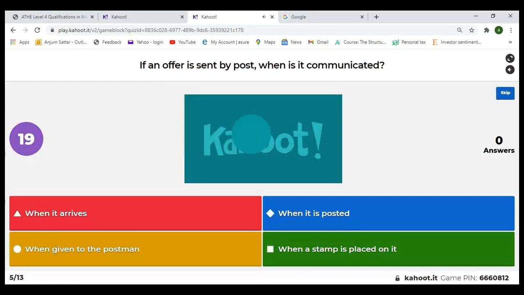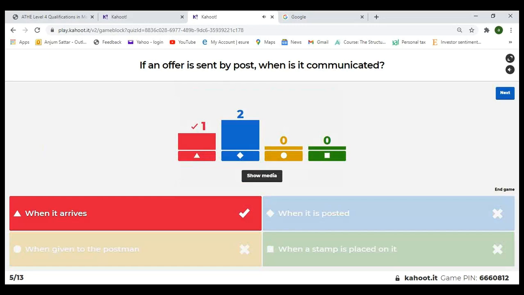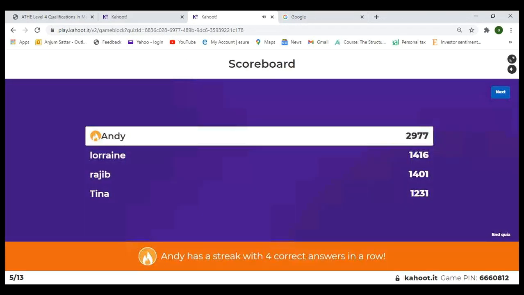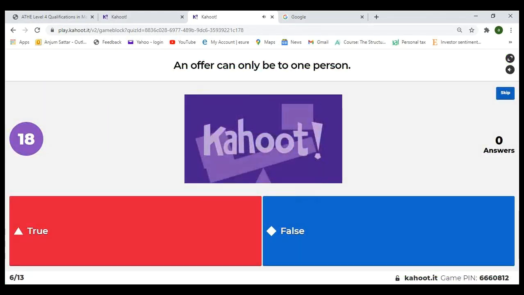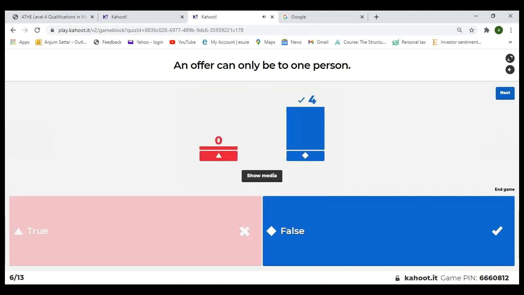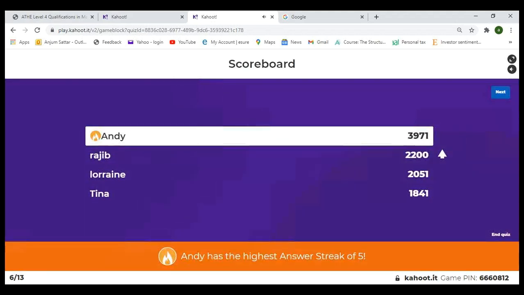If the offer is sent by post, when is it communicated? Okay. Next. Well done.